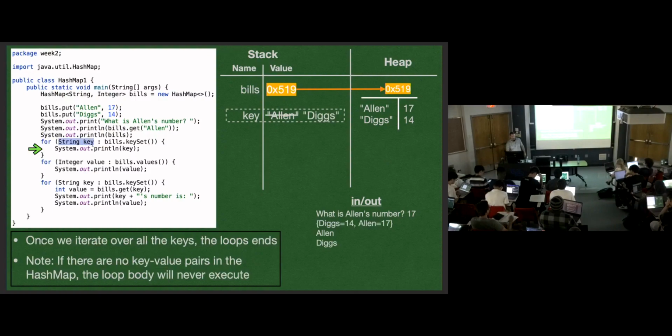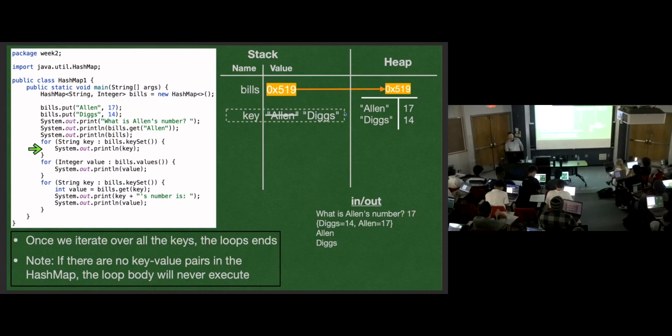A for each loop is the same thing as a regular for loop. The iteration variable is going to be part of the loop code block. So key, that variable, is inside the code block for this loop. It's going to get one of the two values. I chose Alan first, and then that value is updated and printed to the screen, then updated again.